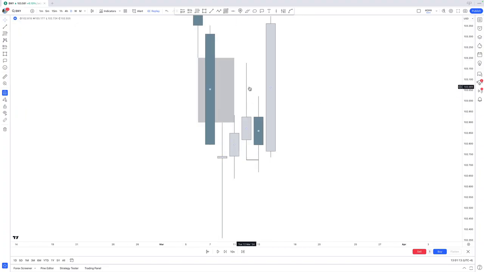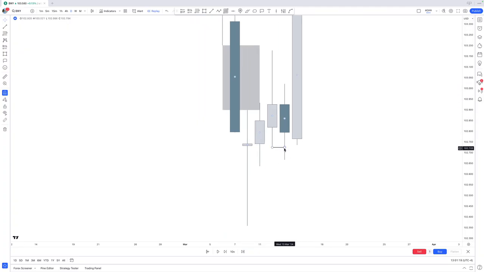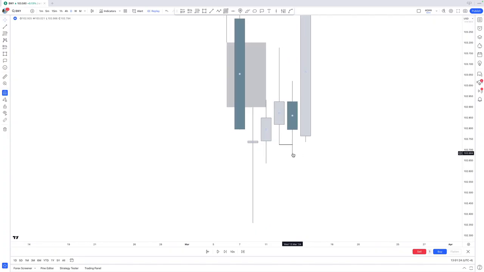We have the rejection, then the second candle is respecting the rejection, continue lower. But it is sweeping the previous candle low, which can be seen by that wick at the bottom, which indicates that we have fair value gaps somewhat going higher. So that sweep of the previous candle low is a little bit suspicious.